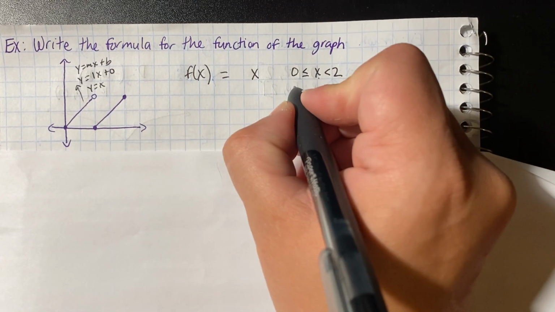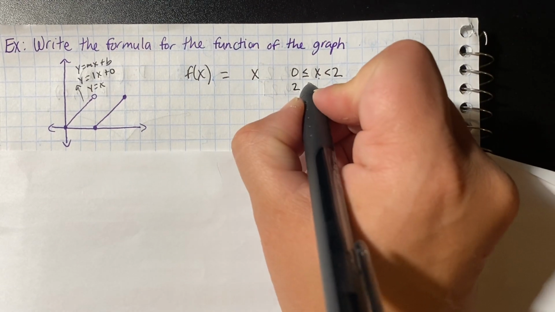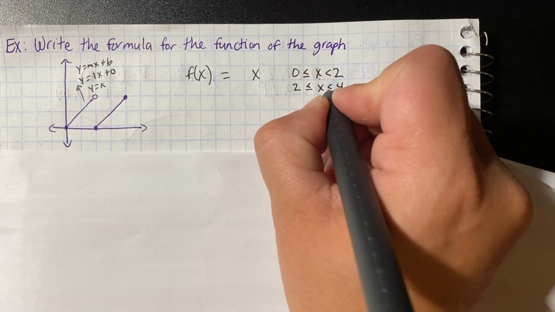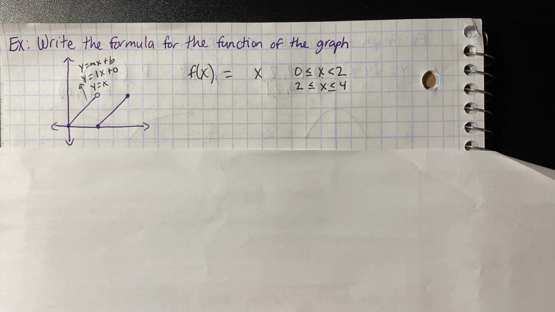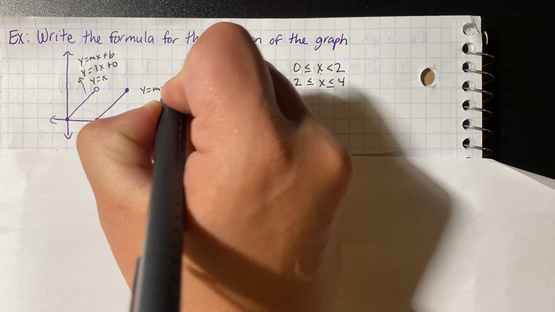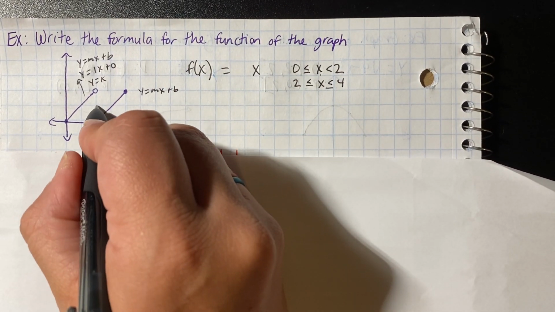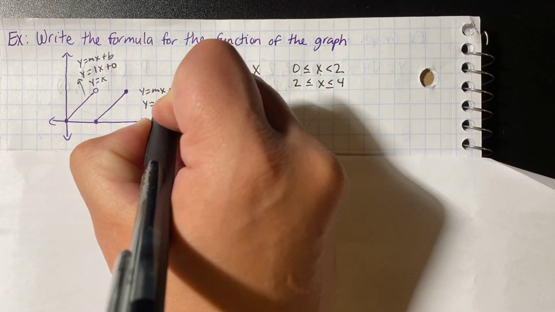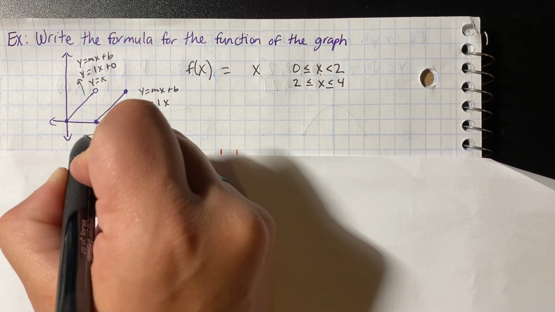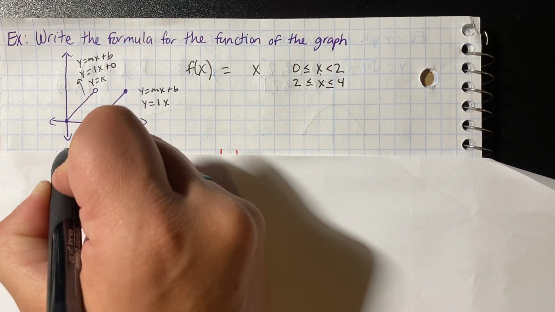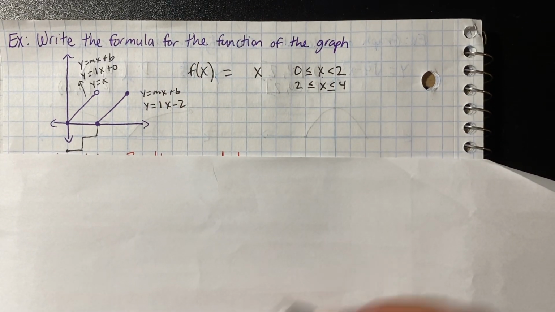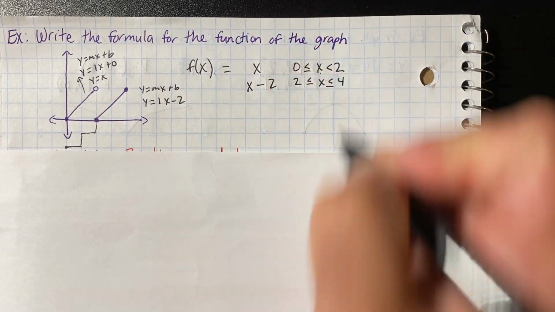It is going to go from 2, and it's going to include 2, all the way over to 4, and it includes 4 as well. So now we got to figure out the line. We know that its slope is up 1 over 1, so we know our slope is 1. Let's figure out our b. Down here, I'm going to draw my step, down 1 over 1. So it looks like my b would be 1, 2, so minus 2. So the equation for this one is x minus 2.